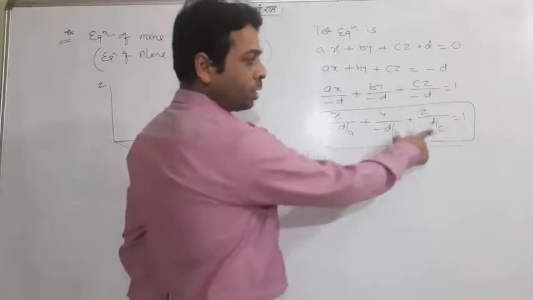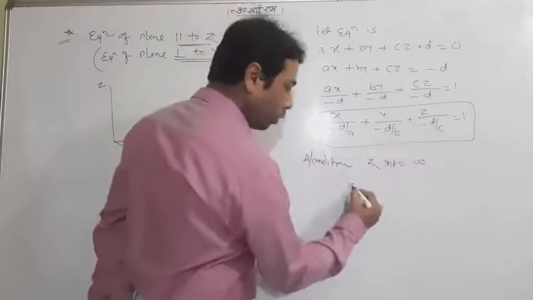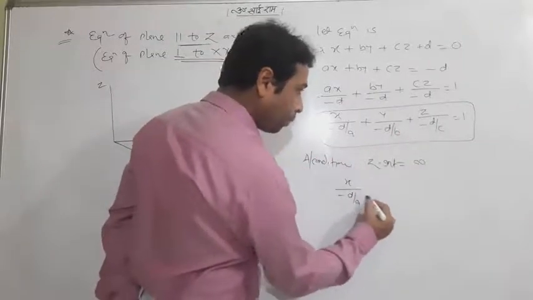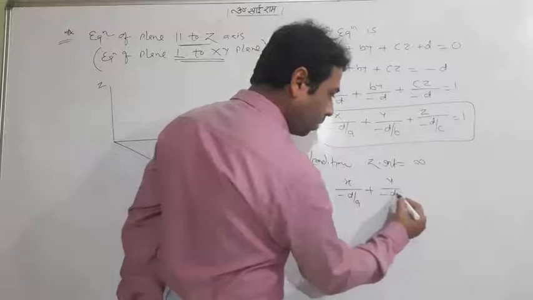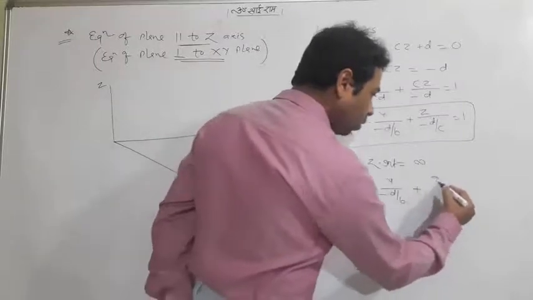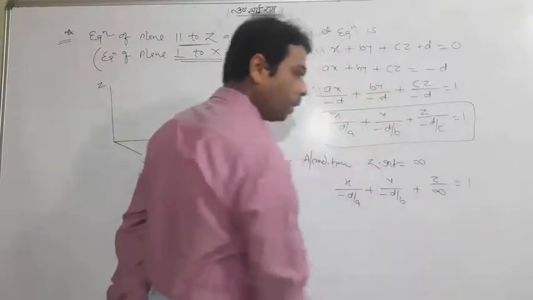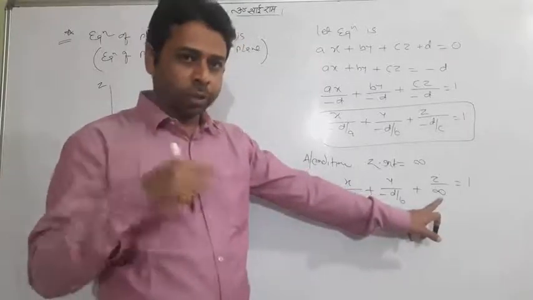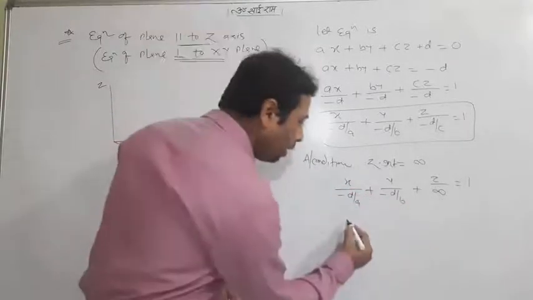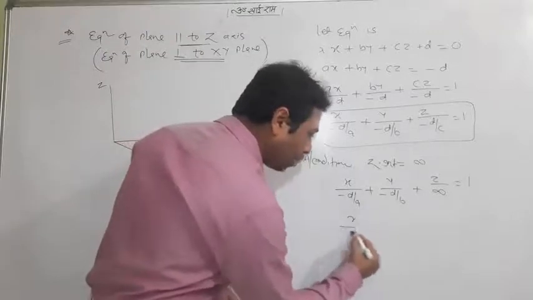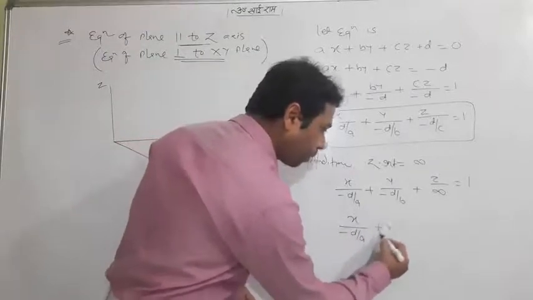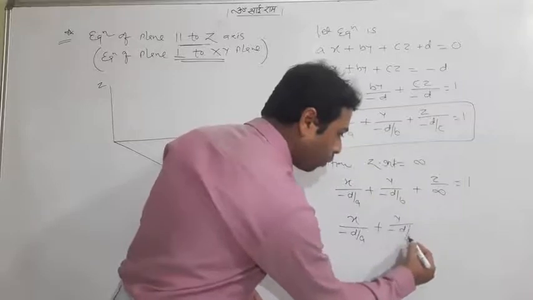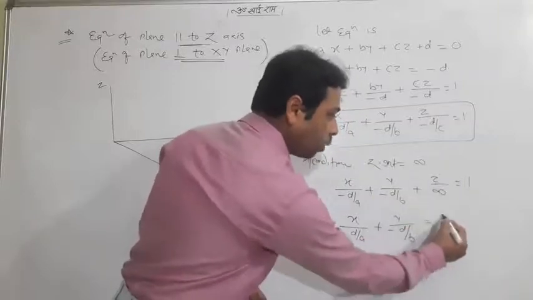So the z-intercept is infinite, and the rest of the answer remains the same, with the z term having infinity in the denominator, equal to 1. One can understand that one upon infinite makes the quantity 0. So only this portion remains: x upon minus d upon a, y upon minus d upon b, and this term is 0, equal to 1.